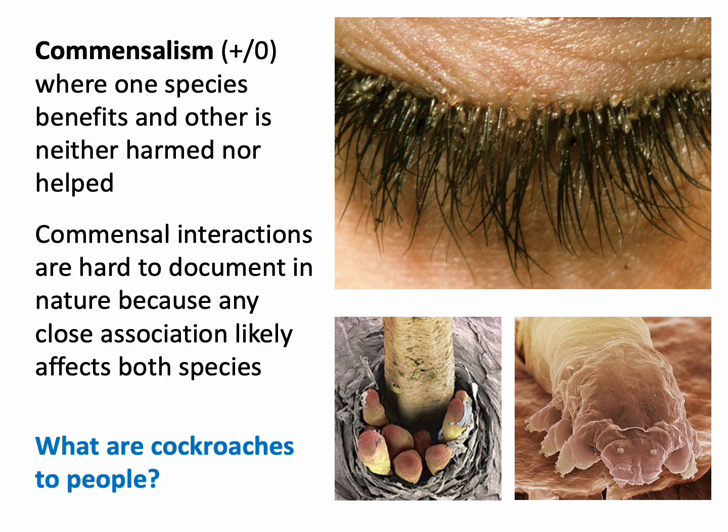There was no benefit to you, and there was no negative effect to you. Until I told you, you probably just went about your life thinking that you were completely free of anything living on your skin. So that could be an example of commensalism, because you never necessarily had a negative effect. And there's nothing you could do to get rid of them necessarily.